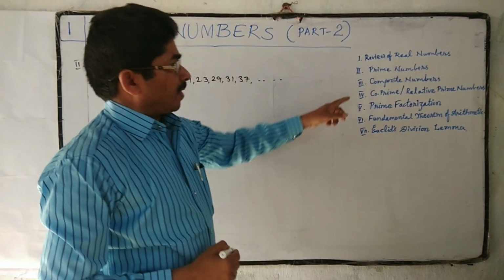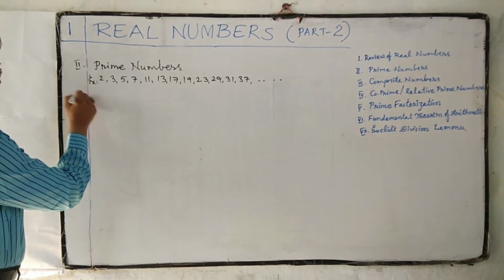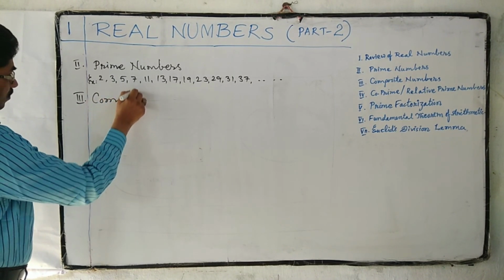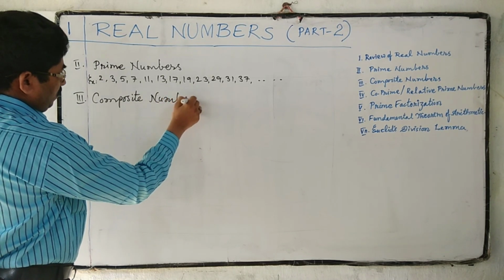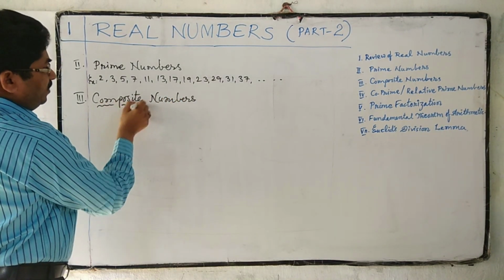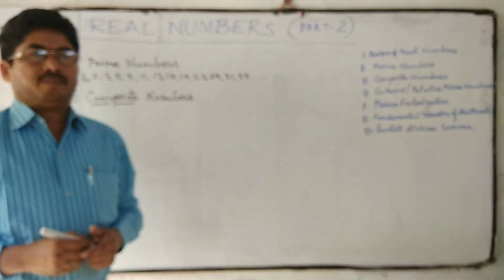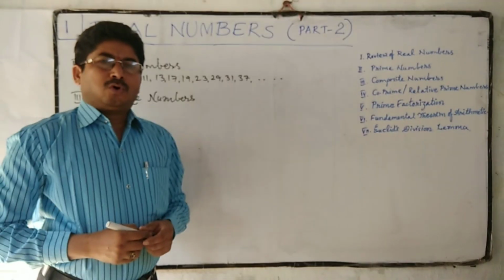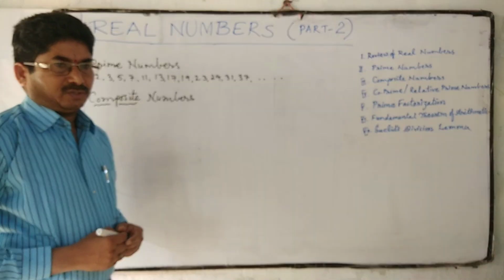Next, composite numbers. Another name for composite numbers is divisible numbers. The numbers which have more than two factors are called composite numbers.